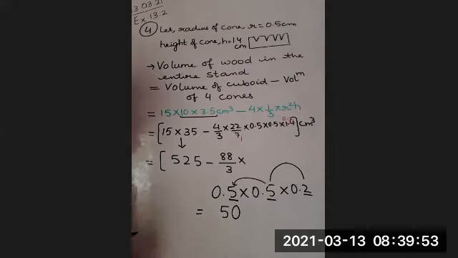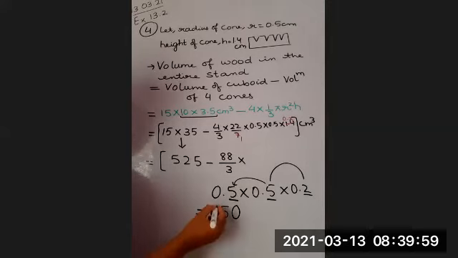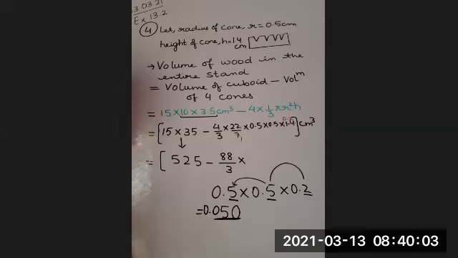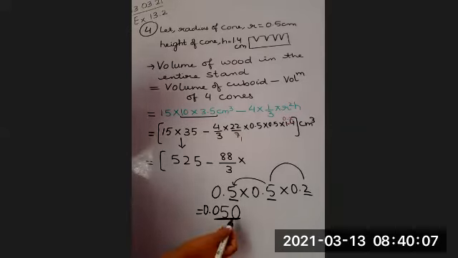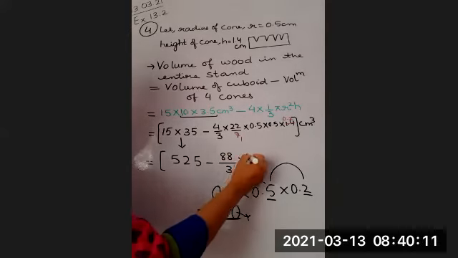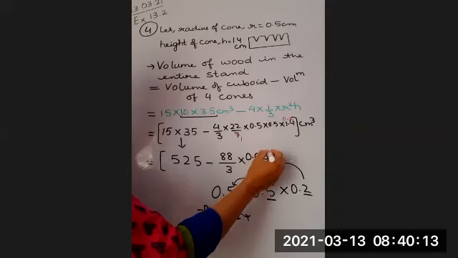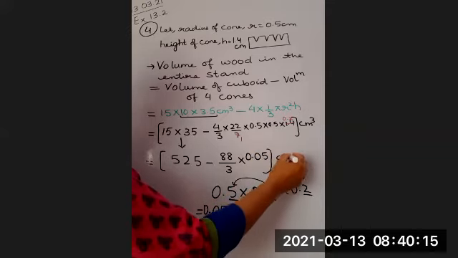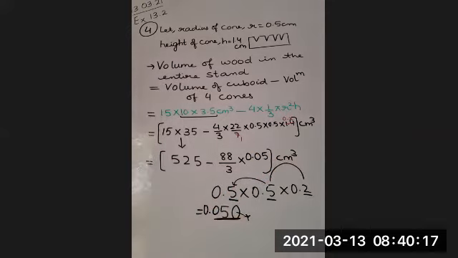So 3 places of decimal. So it is 0.05 centimeter cube.